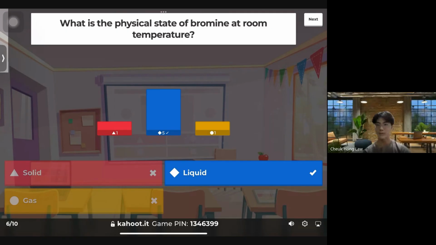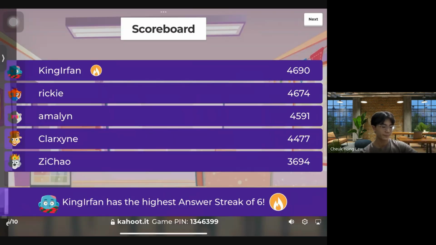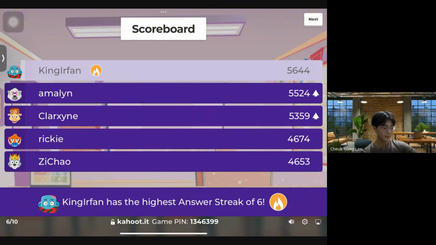So down group 17, the physical state changes from gas to solid, and bromine is right at the middle. So it's actually a liquid at room temperature. Okay, Emmeline and Clarine are catching up.